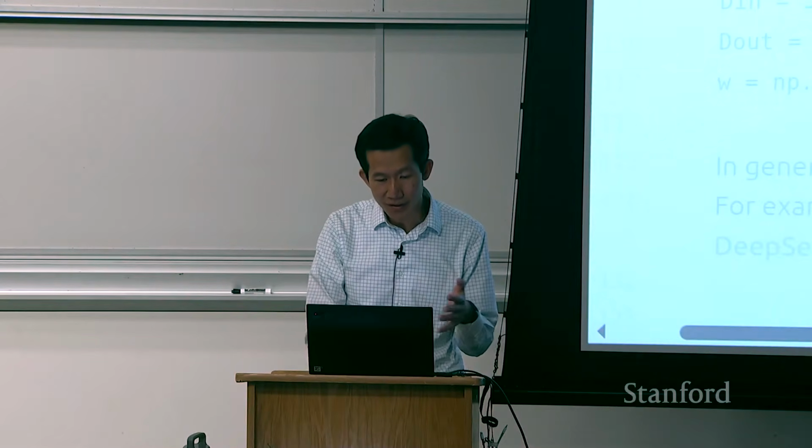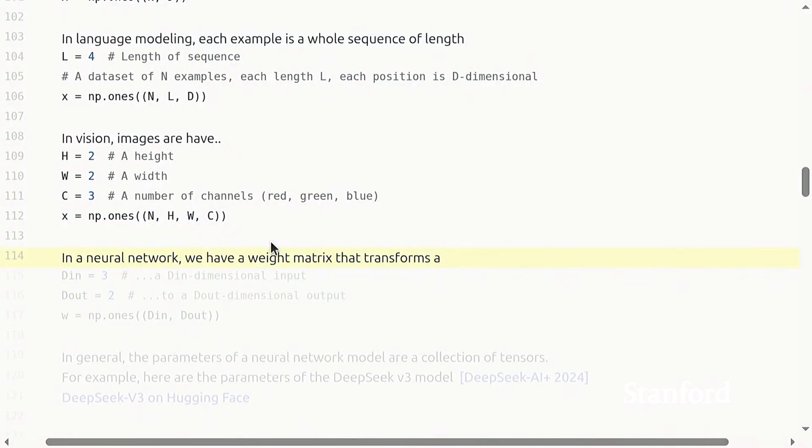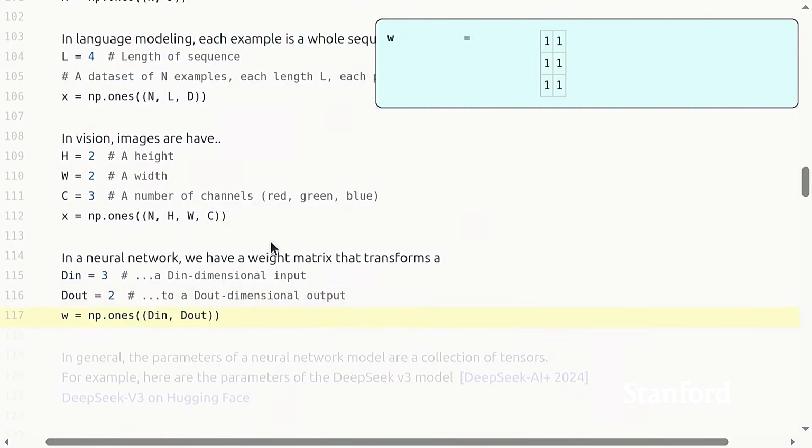So that's how to represent data. In neural networks, you typically have weight matrices that transform a d-in-dimensional input into a d-out-dimensional output. Generally, this would be a matrix which is d-in by d-out. So in general, the parameters of a neural network model are just a collection of tensors.